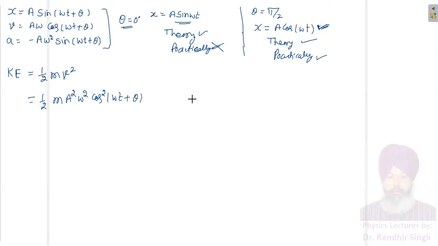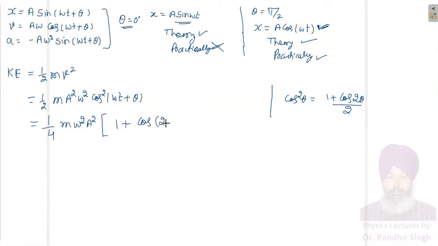We have a formula: cos square theta is equal to (1 plus cos 2 theta) by 2. Is this correct? Please tell me. So I am going to use it. This will become 1 by 4 m omega square a square into (1 plus cos of 2 omega t plus 2 theta).